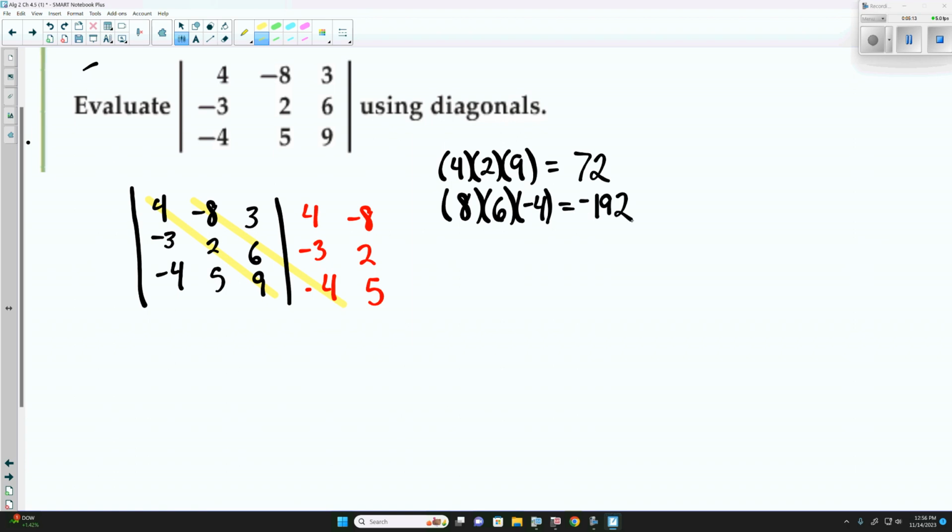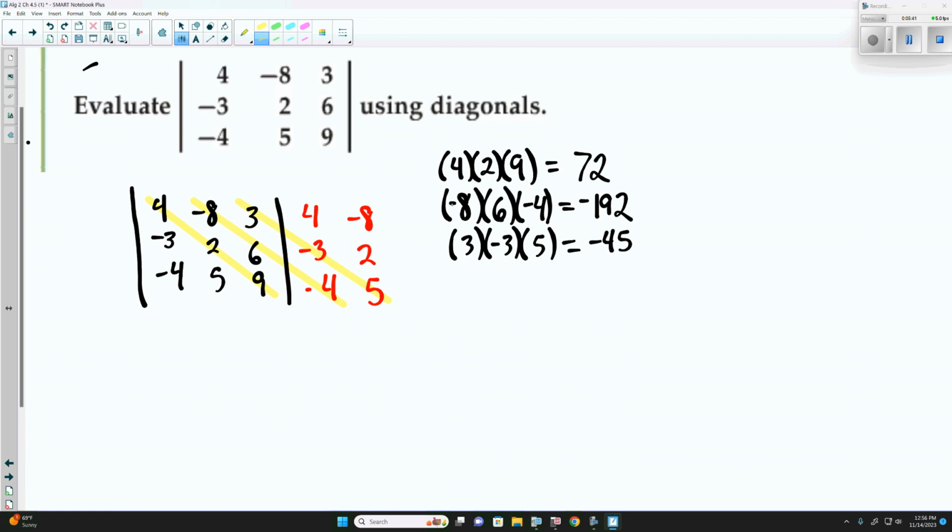And the last one, 3 times negative 3 times 5. It's the last one we're going to do, which is negative 45.